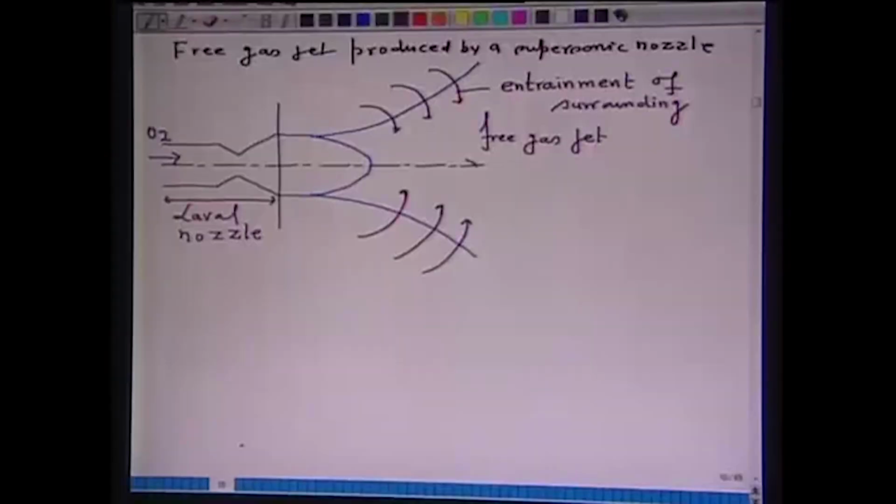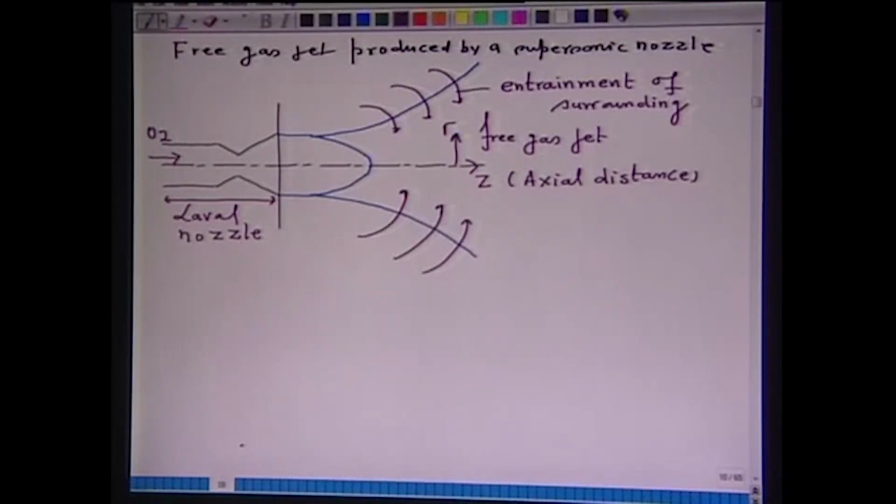The gas velocity will decrease as the gas moves downstream the nozzle. Why it will decrease? Because the jet will spread. So, if I show, this is the direction z, which is the axial distance, and this direction is r, which is the radial distance.